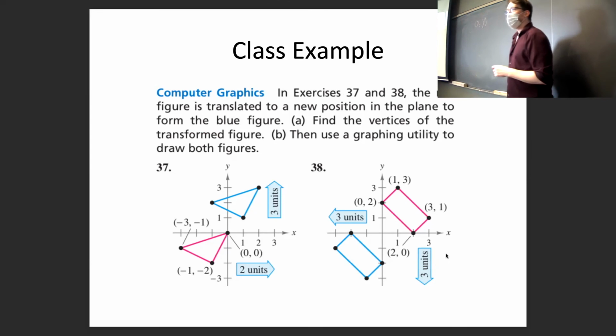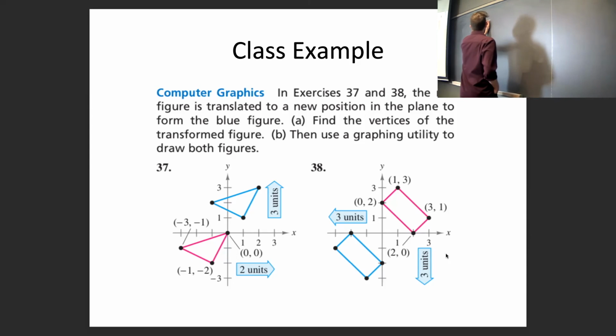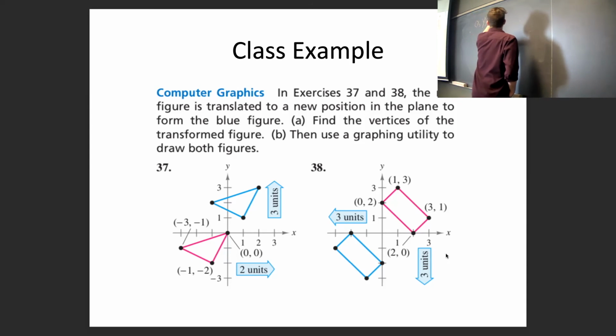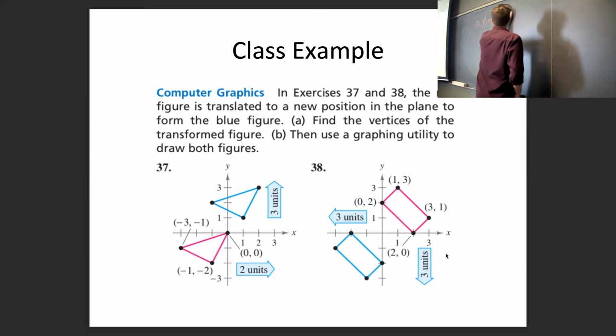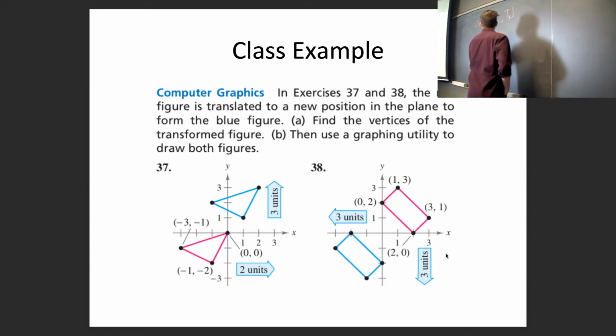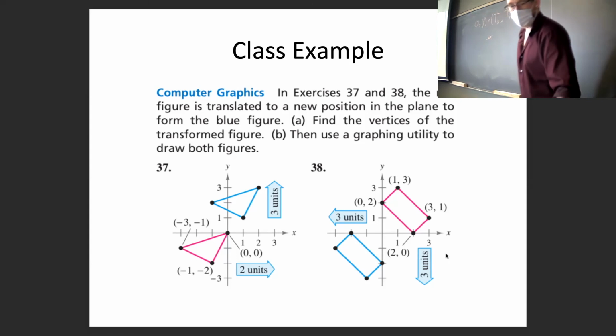But what a translation effectively does, as it says, we've got a point X, Y. We're going to translate it by adding some set of values to it. We call it TX and TY. And this is going to give us a new point.